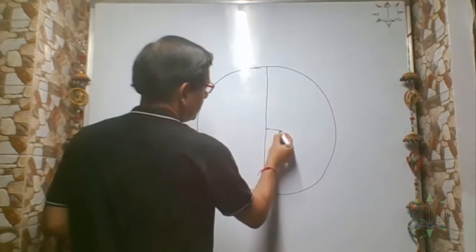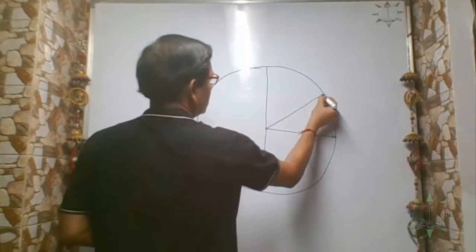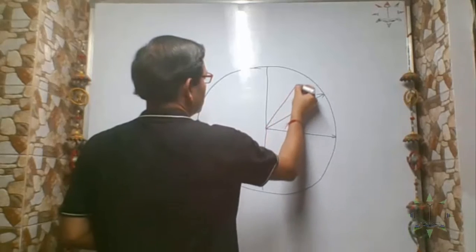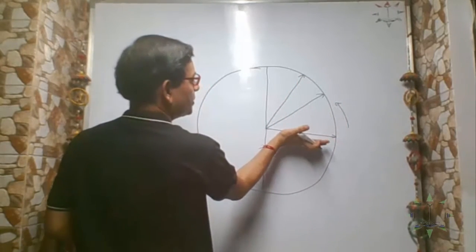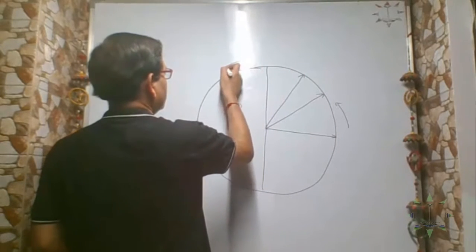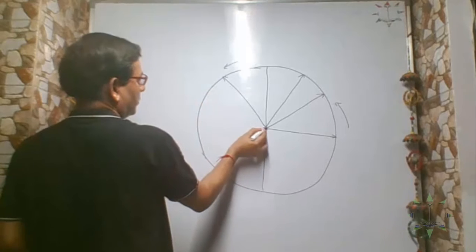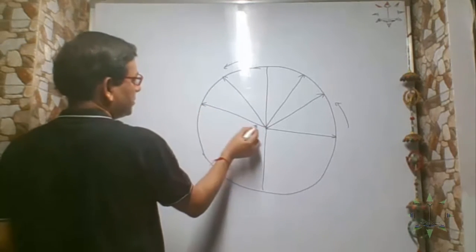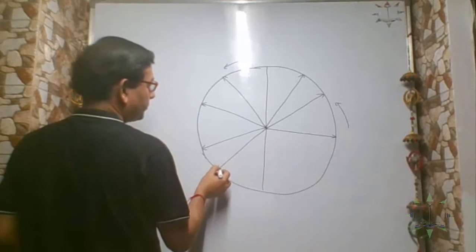The radius vector moves in this way. Suppose it is here, then it goes here, and it goes here. This is the motion of the radius. Suppose a spoke of a cycle is moving in this direction. So the radius vector is executing a uniform circular motion.